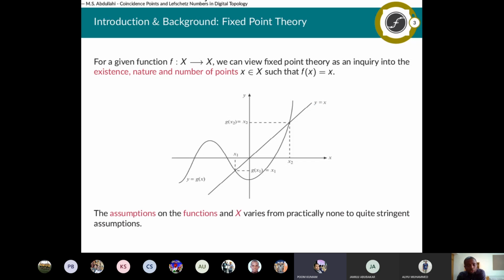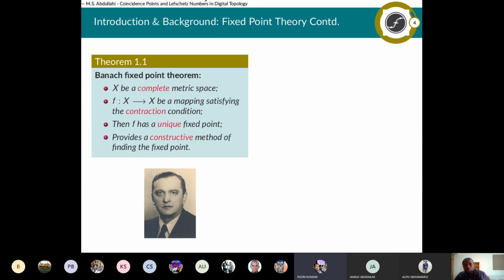The assumptions on the function or on the space X vary from practically none to quite difficult assumptions. For example, one of the fundamental results in metric fixed point theory is the Banach contraction principle.